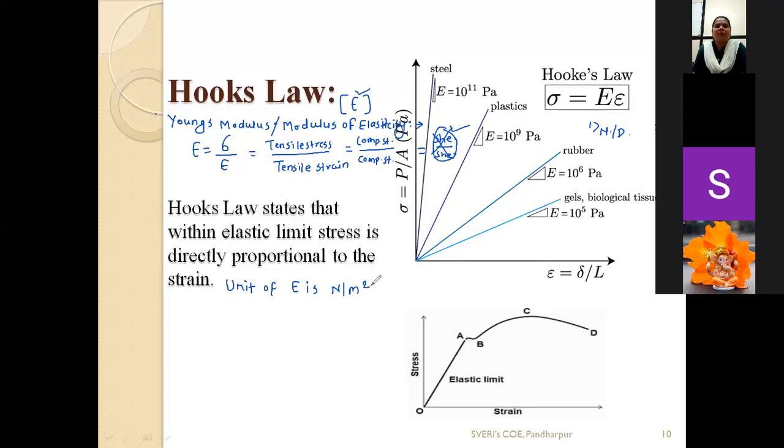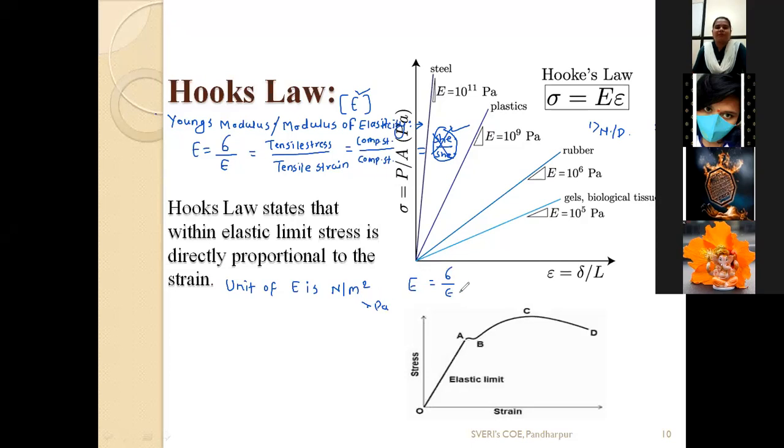How does it come? Here it is stress upon strain, but you are saying the unit is Newton per meter square, which is also called Pascal. How is it possible?